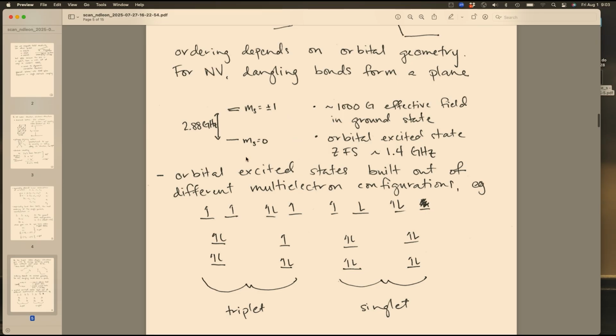And then from my single particle states, it's relatively easy to start to build up orbital excited states, right? I can move one of these electrons from A1 prime to EX, EY, or I can build up spin singlet combinations.